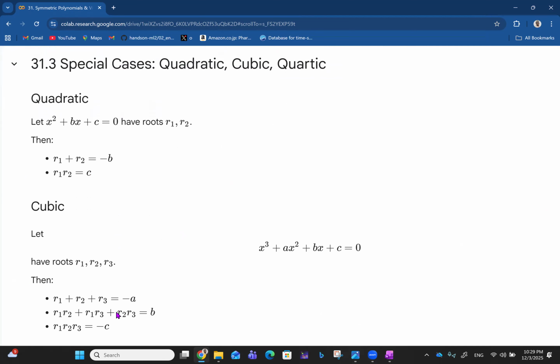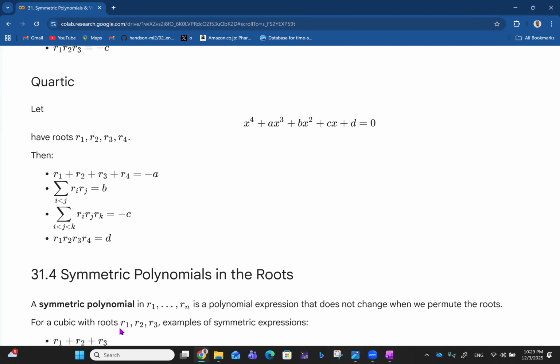Because you have 3 roots, r1 plus r2 plus r3 is minus a. Then for e2, r1 r2 plus r1 r3 plus r2 r3 equals b. Normally it should have been b over a, but it's b now. So negative, positive, and now the next has to be negative. Then multiply them in threes: r1 r2 r3 equals minus c. And that's what you have right there. So very easy to follow.